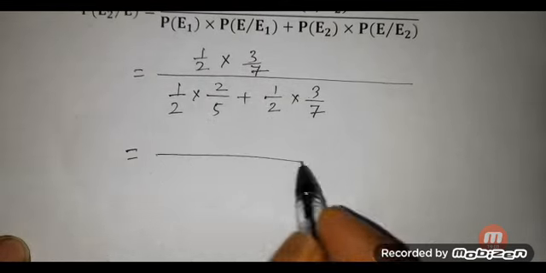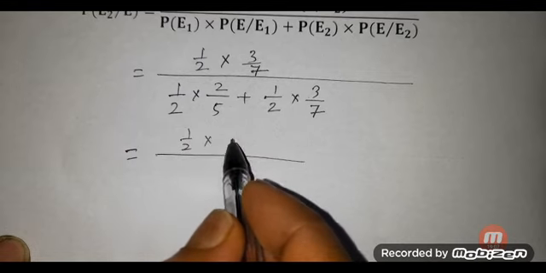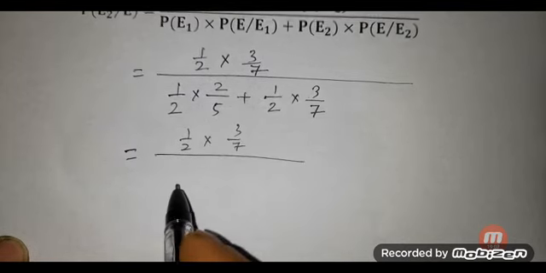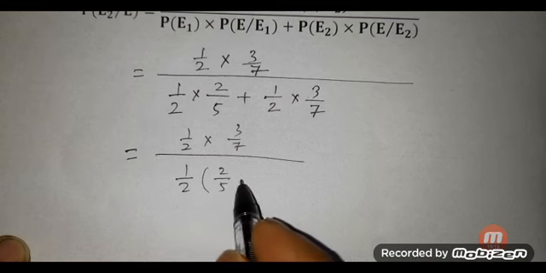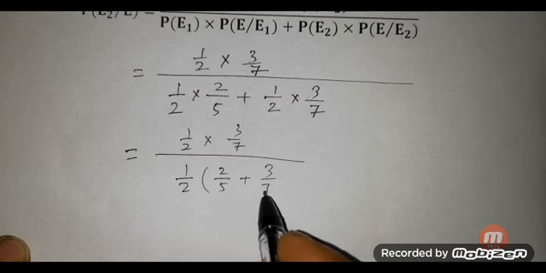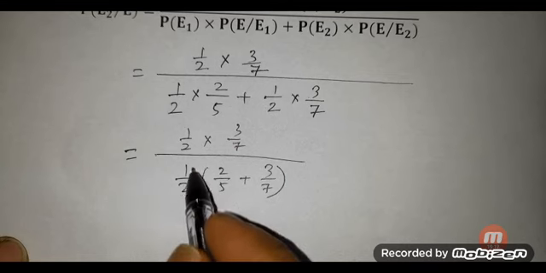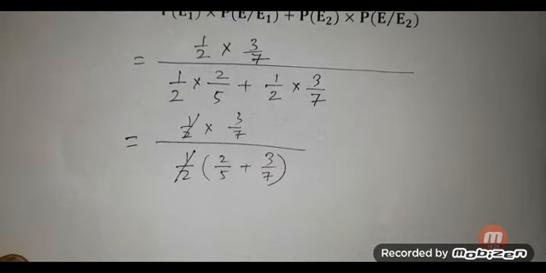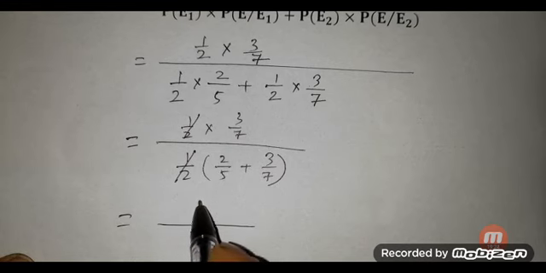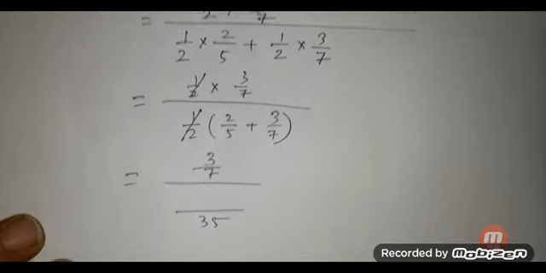So we have got 1 by 2 multiplied by 3 by 7. We take common 1 by 2 here, 2 by 5 plus 3 by 7. So cancelling numerator half and denominator half, we get in numerator 3 by 7, in denominator LCM is 35.